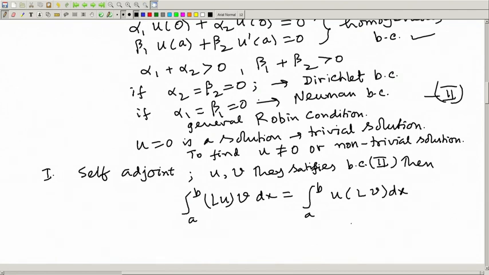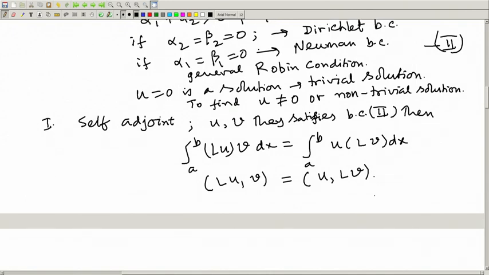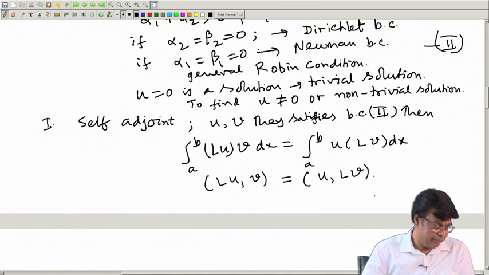As we introduced in the very beginning, this can be stated as the inner product. So that means (Lu, v), the inner product in the domain a to b, can be written as (u, Lv). If the operator is such, then we call it a self-adjoint operator. It is very easy to see, since we have chosen u and v to satisfy the boundary conditions.